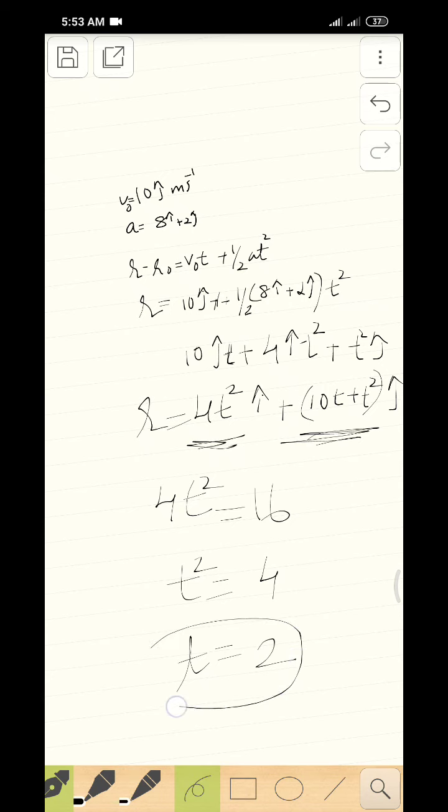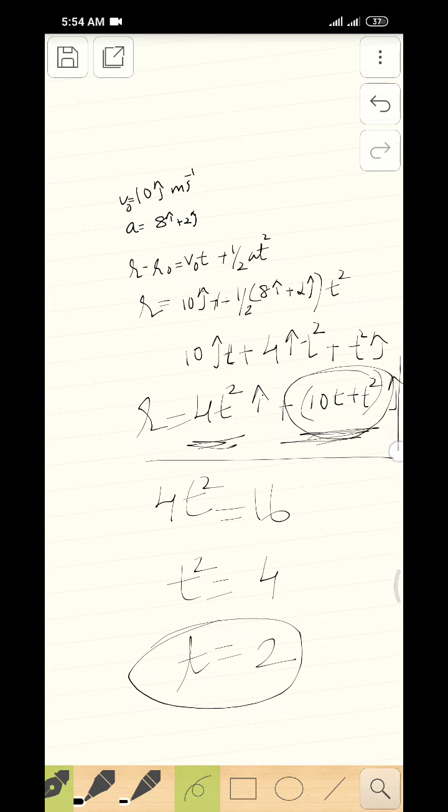Now you got the value of t. By substituting the value of t in the y coordinate, you can find out the y coordinate value. And so the first portion of the question will be finished by that. Then the second part is, what is the speed of the particle at this given time. So you have the r value here.